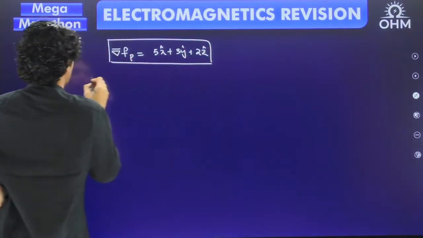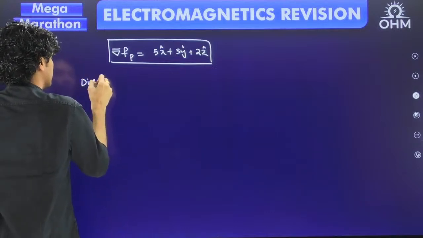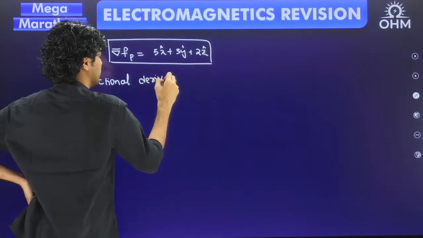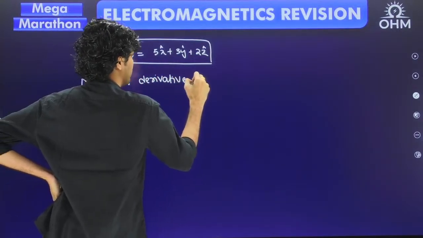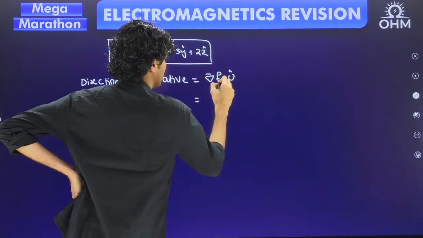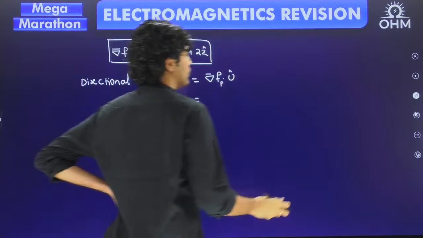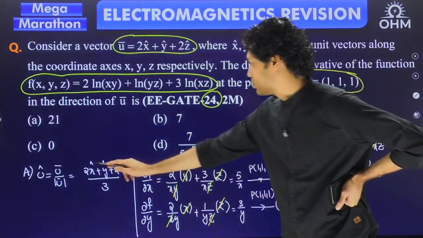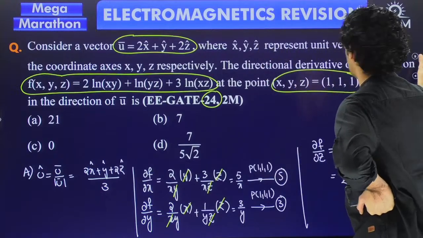And lastly, what is the directional derivative? Directional derivative is basically gradient of f dot u cap, at the point P. When you take the dot product, what are the x components for both? X component here is 2, there it is 5.